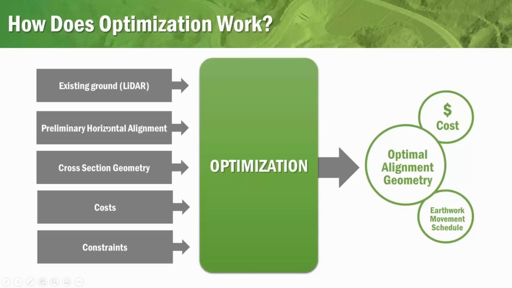You design a horizontal alignment and then pick what your cross-section looks like. You enter a few costs, or take our defaults if you like. And in some cases, you add constraints. And the optimizer will generate a vertical alignment with the property that it has the lowest possible earthwork cost.